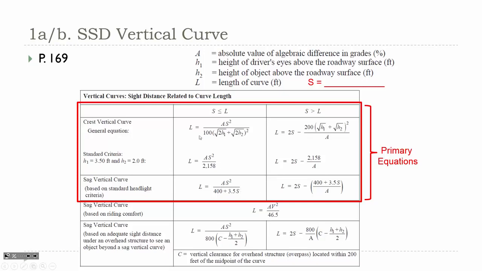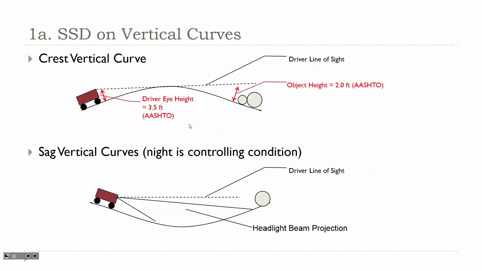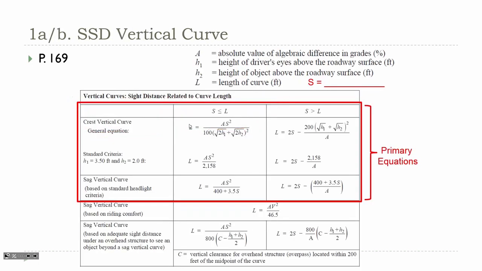Looking at these equations, we can use these to calculate what the total length of the curve should be. If you recall in vertical curve design, the length of the curve is the horizontal distance from the VPC to the VPT. So this is the total curve length L, and these equations we can use to calculate L. Remember what S is?